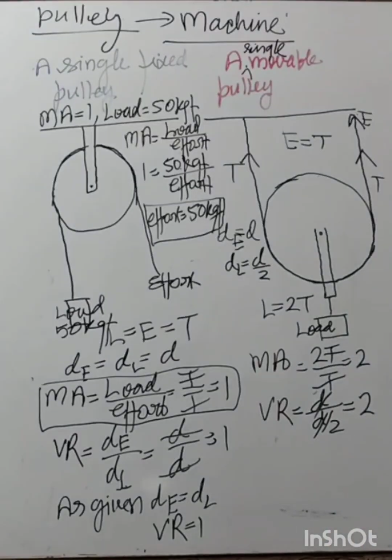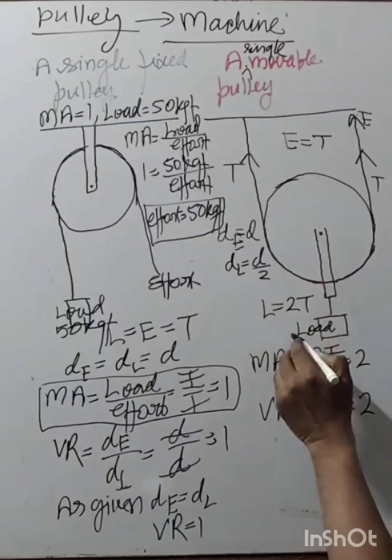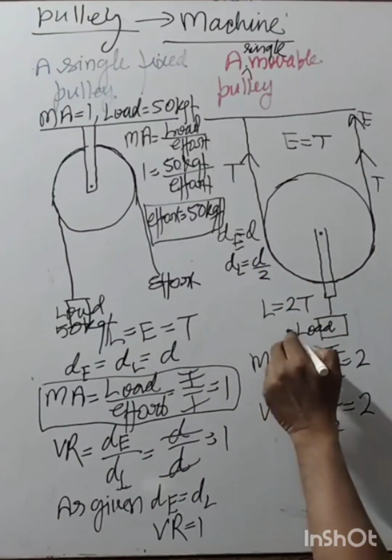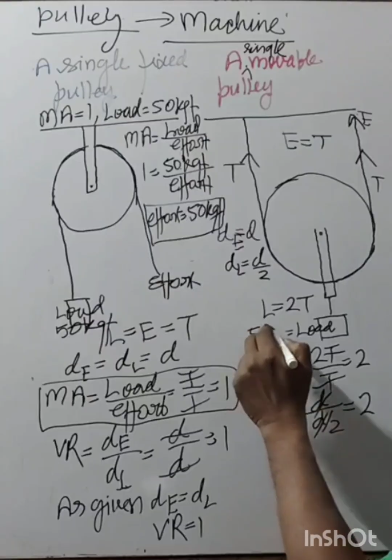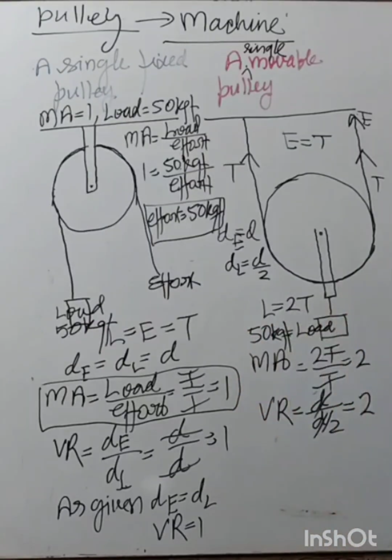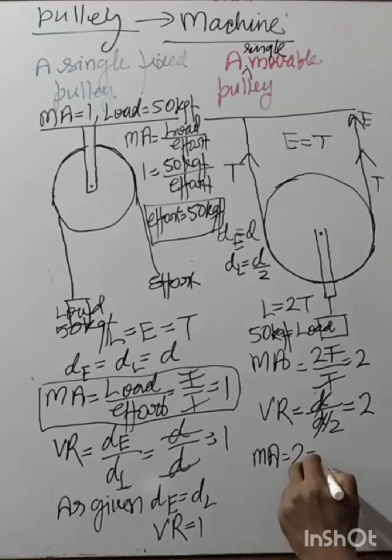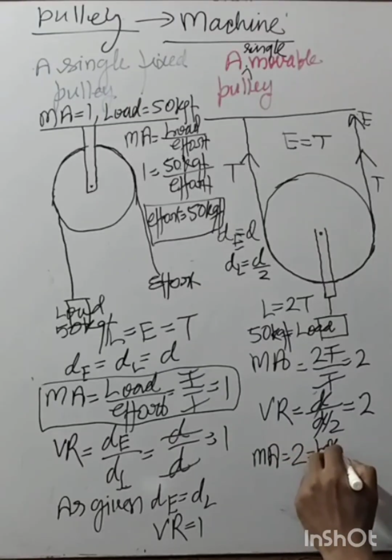And here load is 50 kgf. So mechanical advantage is equal to 2 is equal to load upon effort.